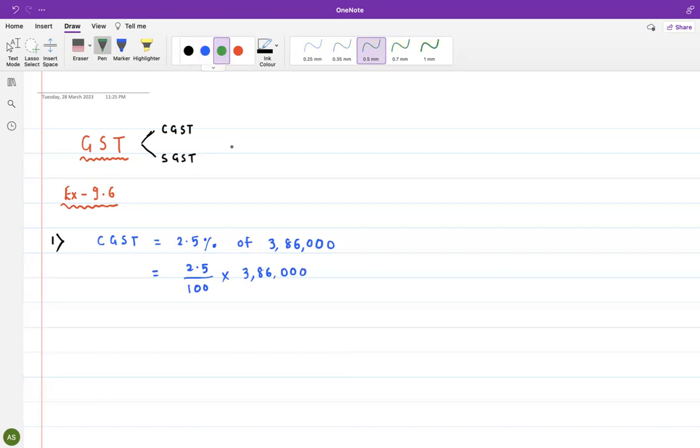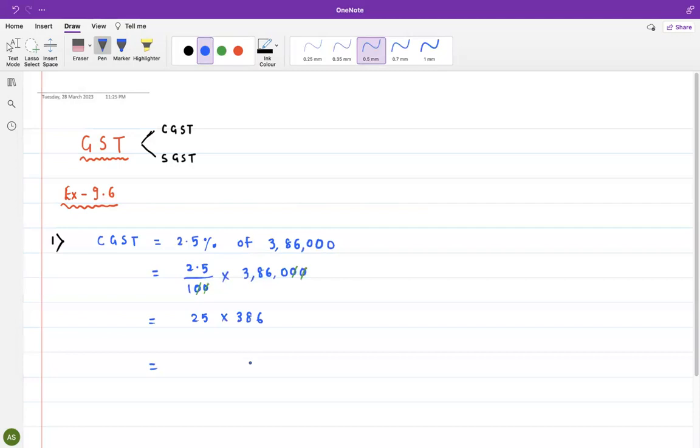Further, you can see that 20 gets cancelled. Then here there is a decimal. To remove this decimal, if we multiply by a zero, it becomes 25, into 386 remains. Correct? And this 25 into 386, you can easily multiply and get the answer.